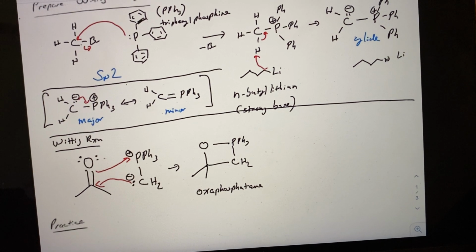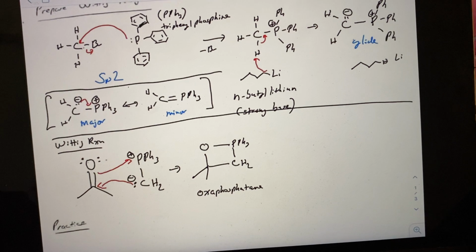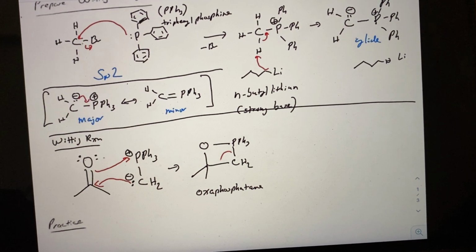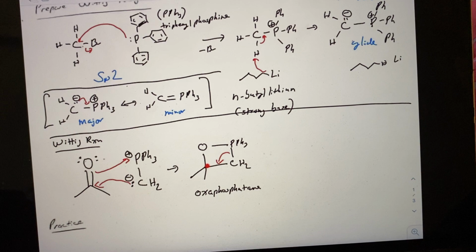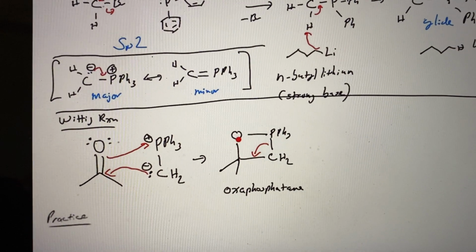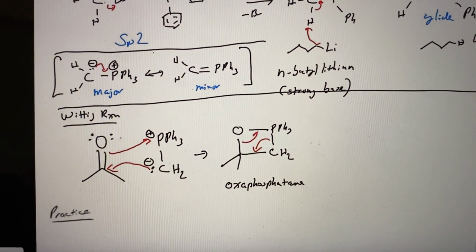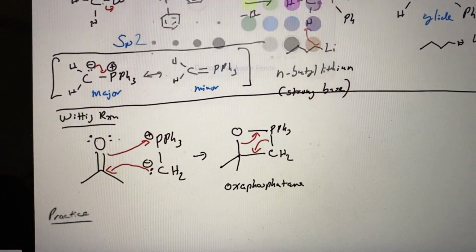And now we need to somehow form our carbon-carbon double bond. What can happen is that the electrons in this carbon-phosphorus bond, we're going to break that bond and use those electrons to form our carbon-carbon double bond. However, if that were the only thing that could happen, we'd have too many bonds on this carbon here. So what we're going to do is break this carbon-oxygen bond and use that to form a phosphorus-oxygen double bond, all simultaneously.